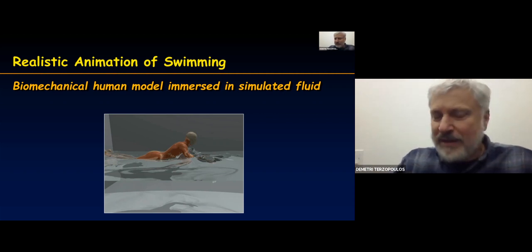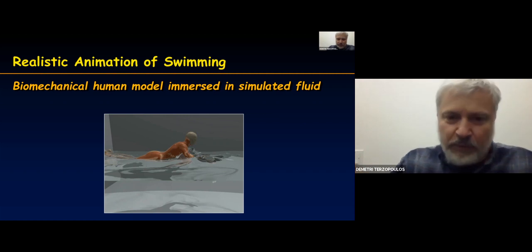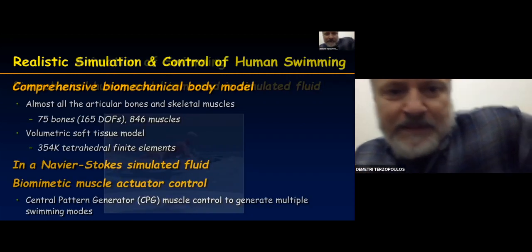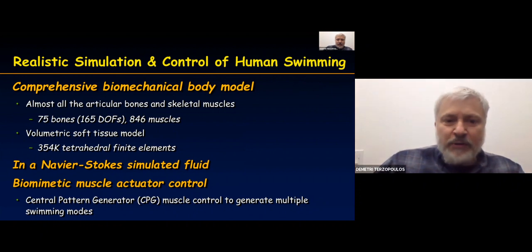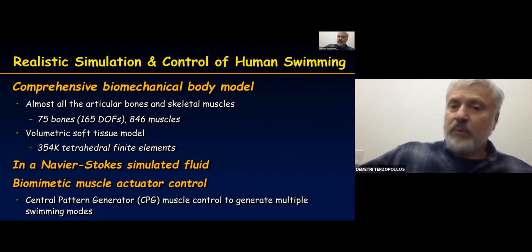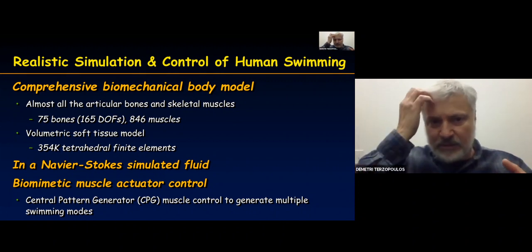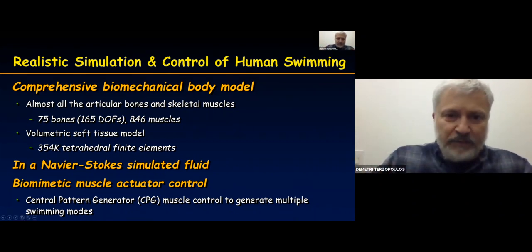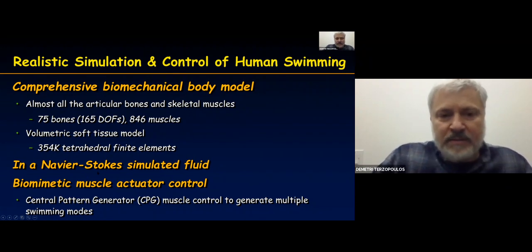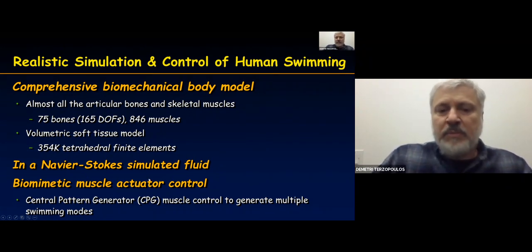So the first thing we did was put our virtual human in a fluid and create a virtual swimmer. Now this requires simulation of the fluid around the body and buoyancy and all of that. So we have our model from before immersed in a Navier-Stokes simulated fluid.